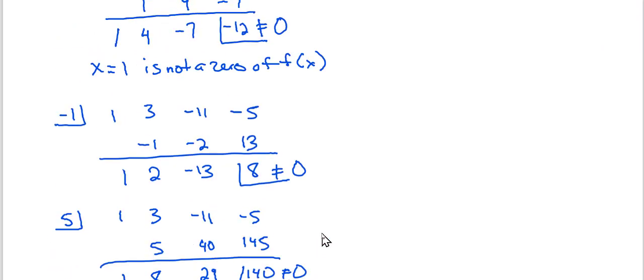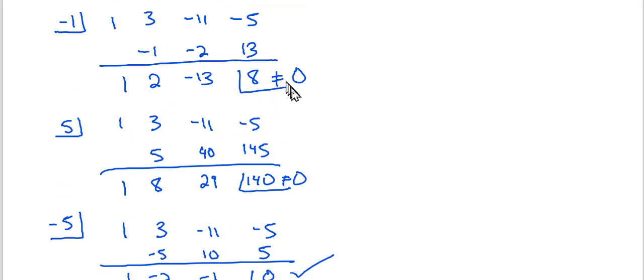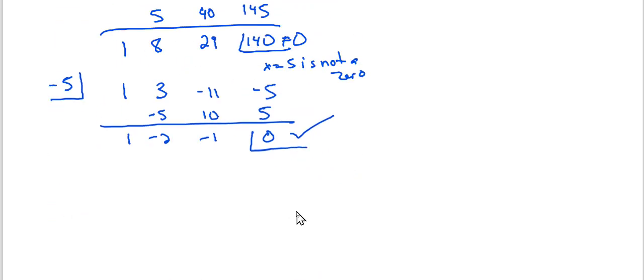And I didn't really write it up here, but these not being 0 tell us that x equals negative 1 is not a 0, and x equals 5 is not a 0. But x equals negative 5, because the remainder is 0, is a 0.